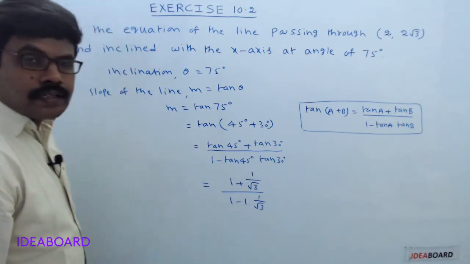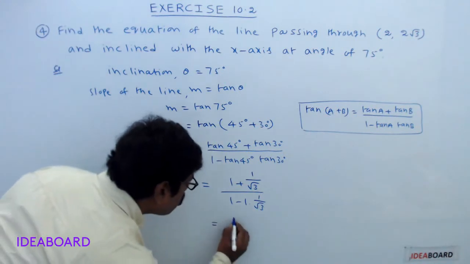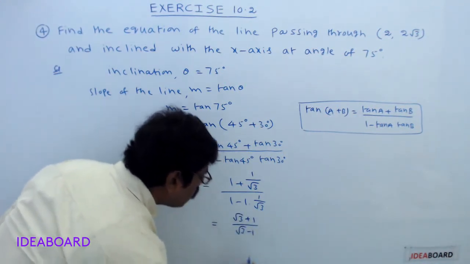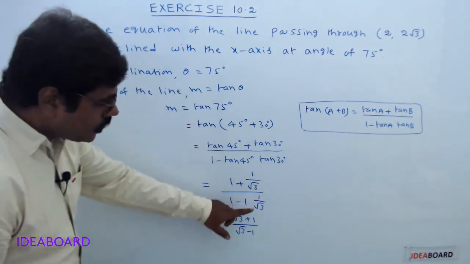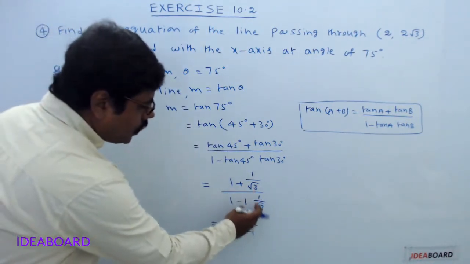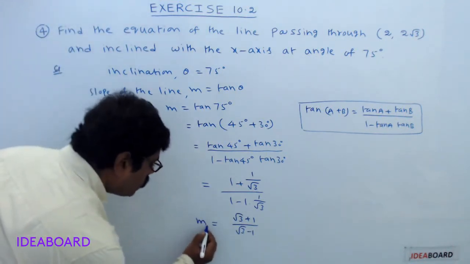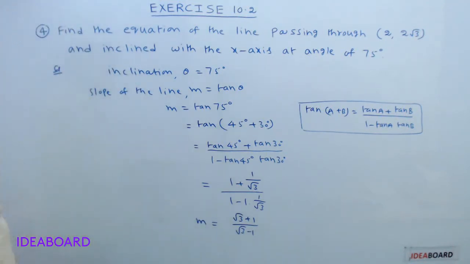The LCM for the denominator is also root 3. So it will be (root 3 plus 1) divided by (root 3 minus 1). After taking the LCM, root 3 will be cancelled. So therefore the slope m is (root 3 plus 1) divided by (root 3 minus 1).